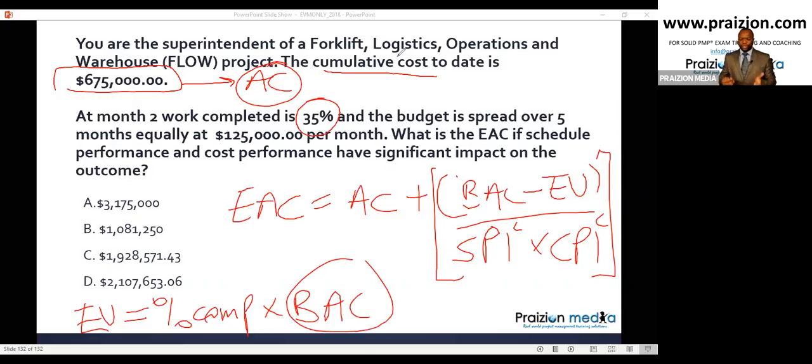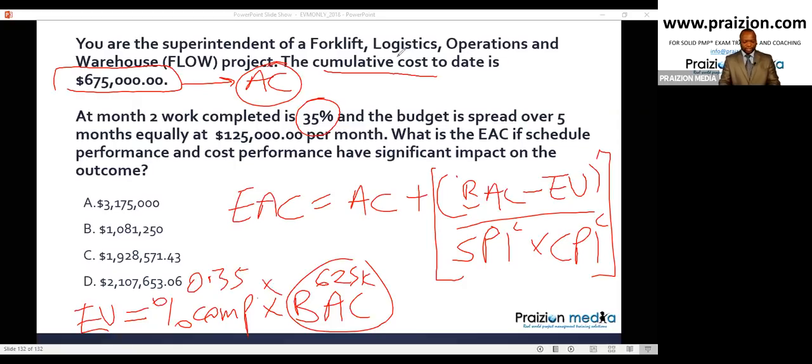It says the budget is spread over 5 months equally at 125K a month. So if you multiply 5 times 125, what budget do you get? You get a budget of 625K. So this is 625K times 0.35.